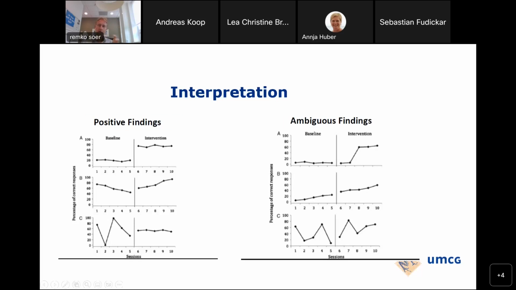That is exactly why the baseline is so important, to see what is happening. Otherwise, you would just say, okay, people start getting better. But what about natural healing?